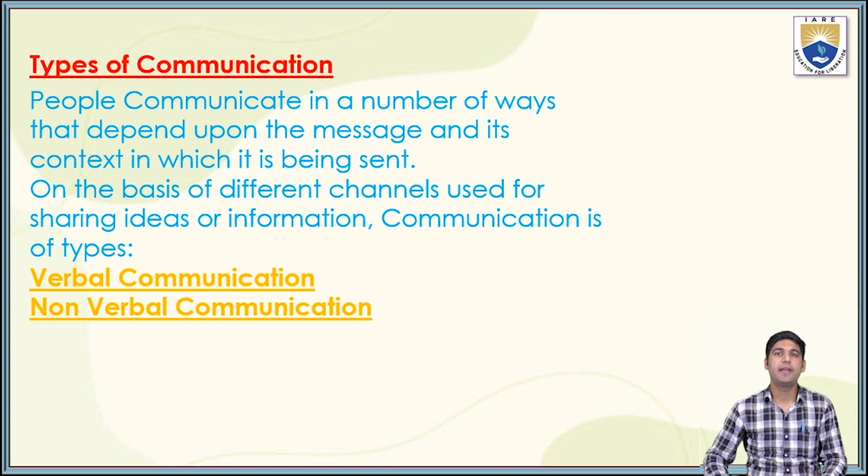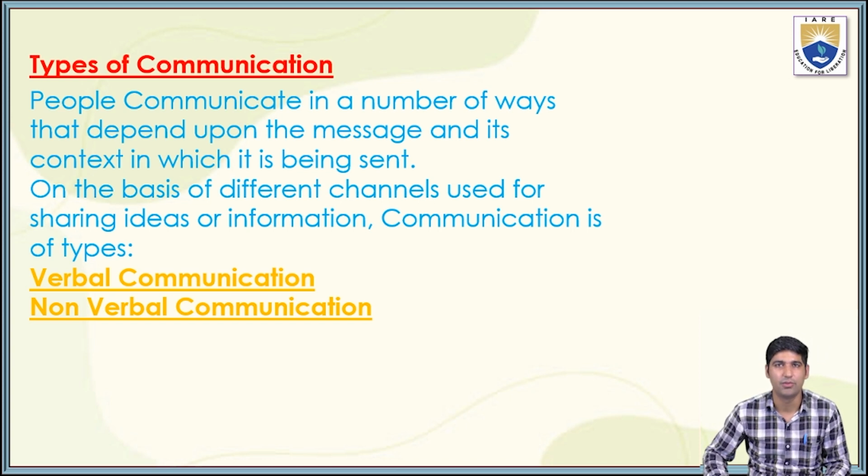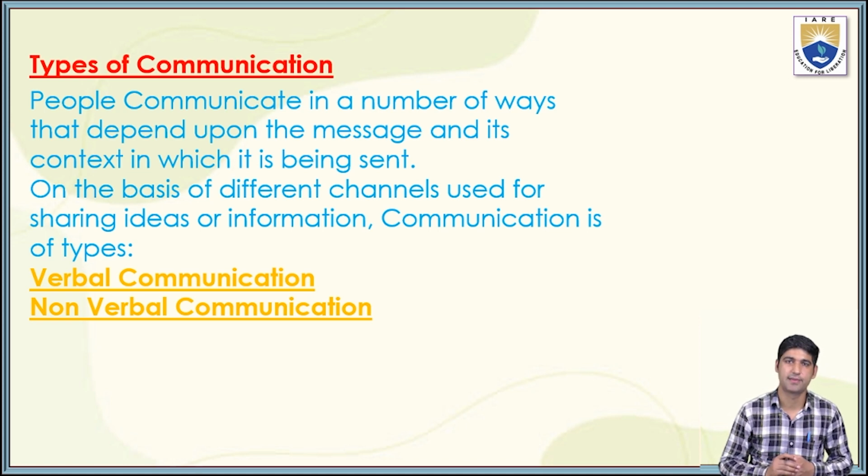Then the very interesting thing related to communication, which we all must know, is the types of communication. There are different types of communication. The two main types are there. When we talk about the types of communication, we need to understand that we humans communicate in a number of ways.